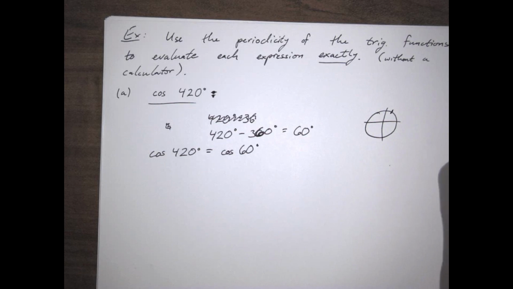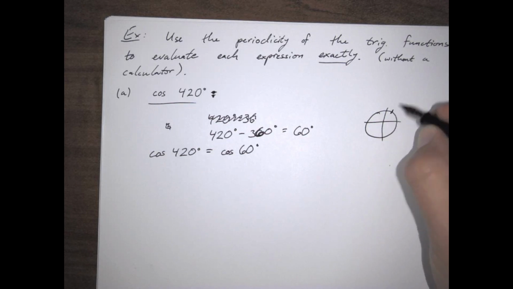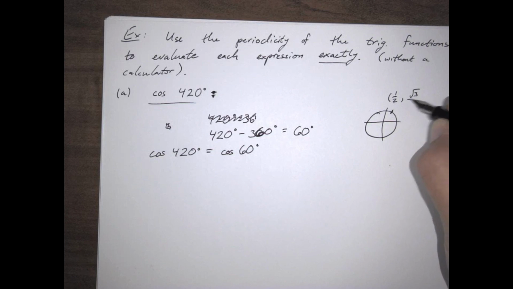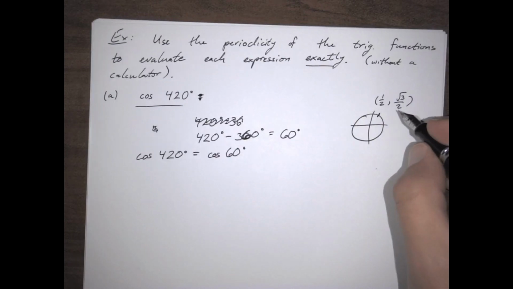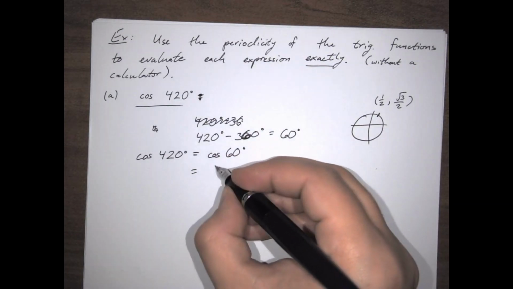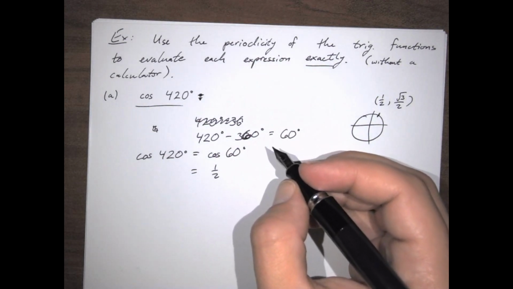It's up a little on the higher side, which means its x value is a little on the lower side: the x value is 1/2, and the y value is root 3 over 2. This is one of the angles we've studied, so we know this equals 1/2.